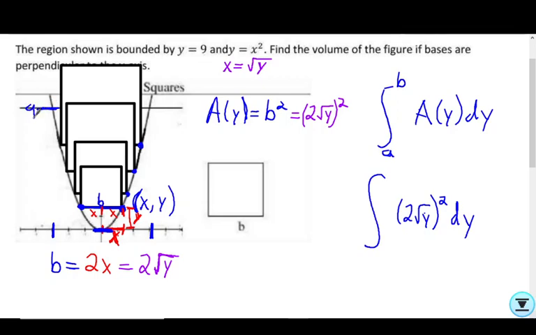Also think about it as a prism. If you cut through the prism at any height, you should get the same shape. If I cut through this way in the x direction, if I cut through here, I'm not going to get the same shape every single time. And it's not going to be a square. So just think about it in that way. So that means my integration limits are from 0 to 9.